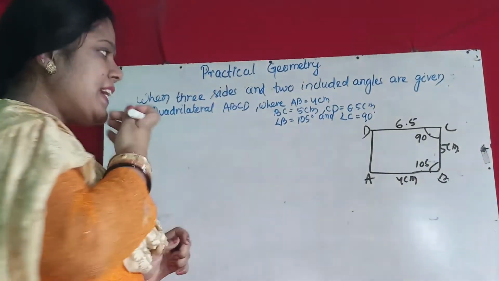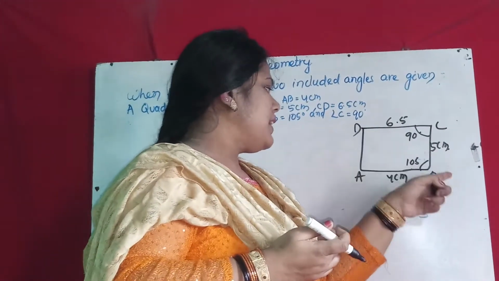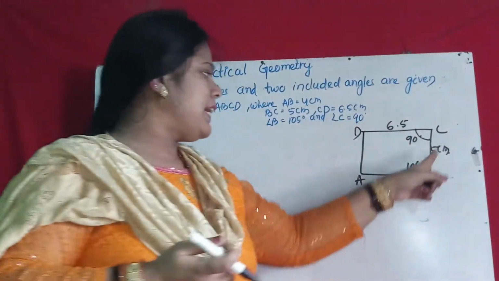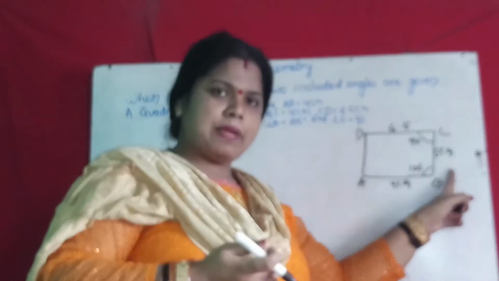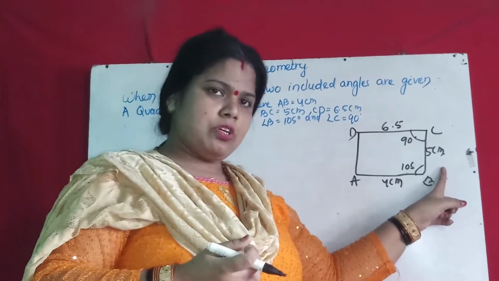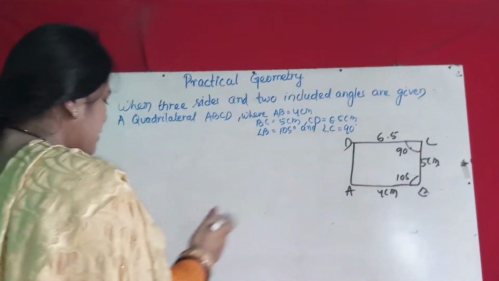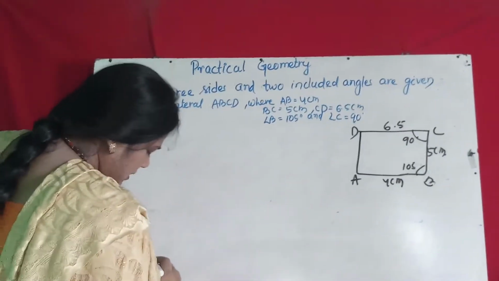So here look, AB, BC, CD, angle B equal to 105 degree, angle C equal to 90 degree. If we take BC as a base, then it will be easy for us to construct the quadrilateral. So let's take BC as a base. This is the rough diagram. Just we take BC.